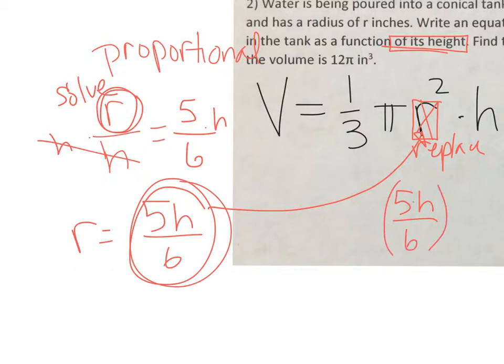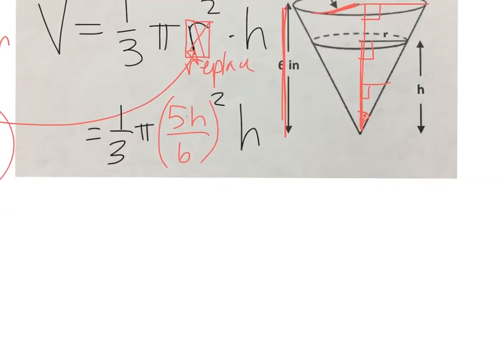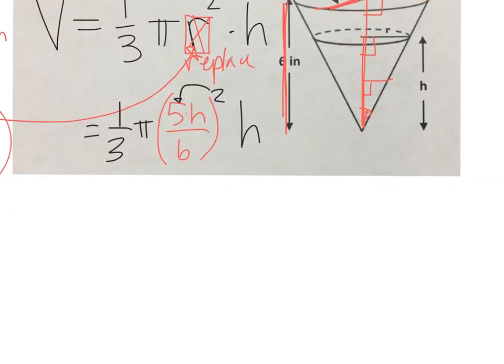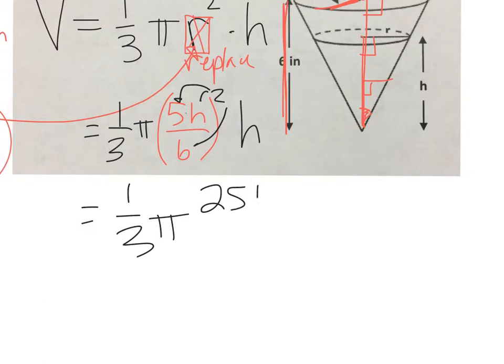Okay, with a little bit of simplifying, we can make this equation quite nice and able to be used to do other things with. So we have to square each part of this parenthesis. Squaring 5 is 25. Squaring h is h squared. Squaring 6 is 36.